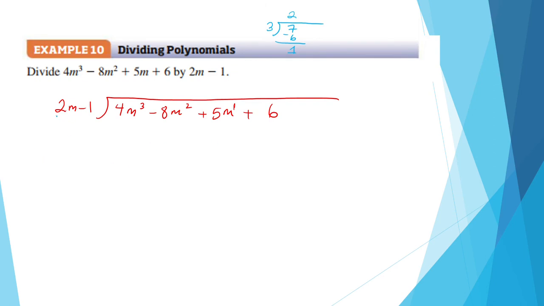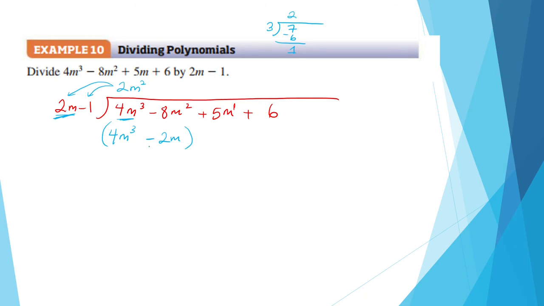I'm going to ask, what do I need to multiply by 2m to get me close to 4m cubed? And that's going to be 2m squared. Now we're going to multiply this 2m squared to the terms in the front, and that gives me 2m times 2m squared is 4m cubed. 2m times negative 1 is negative 2m.